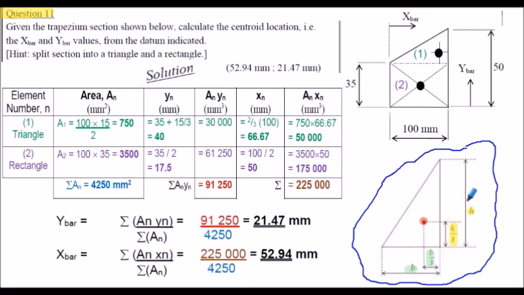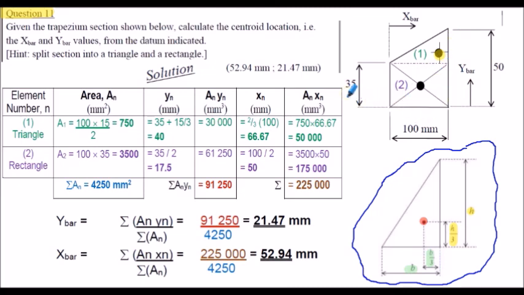So to find the y-bar position for the triangle from the datum at the bottom of the trapezium, it will be 35 add a third of the height of the triangle, and the height of the triangle is 15 millimeters.